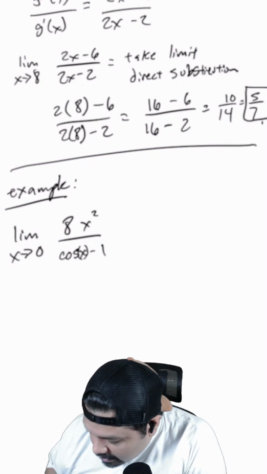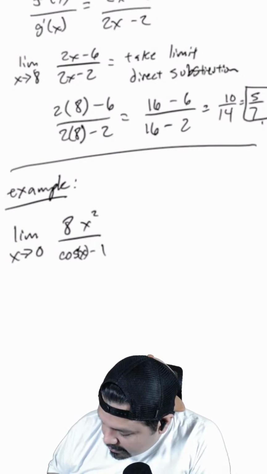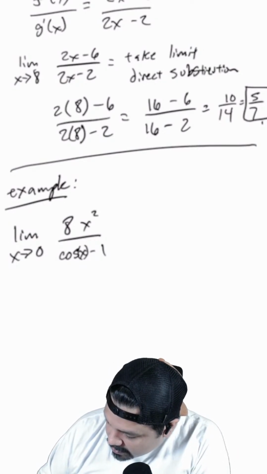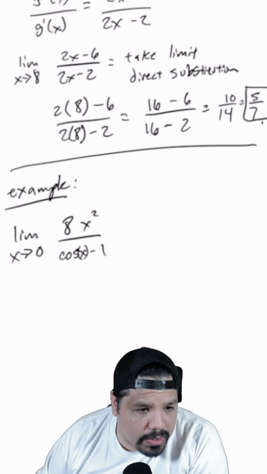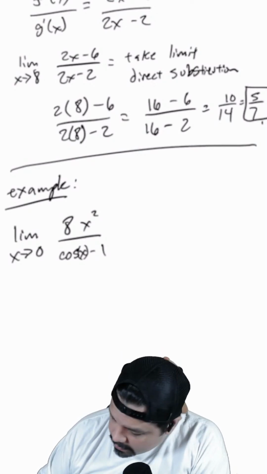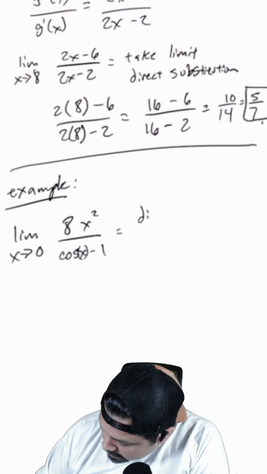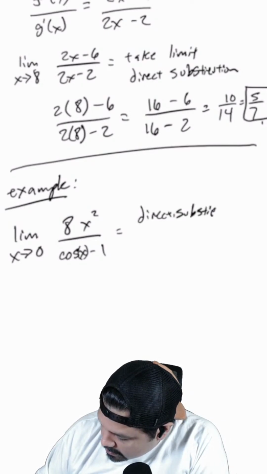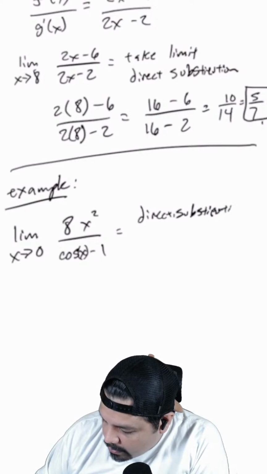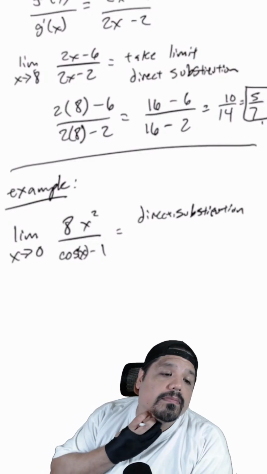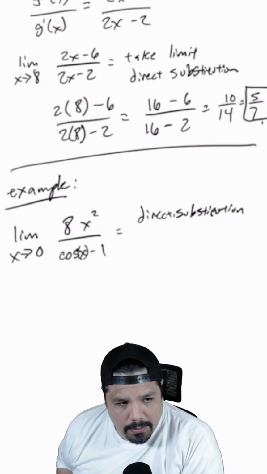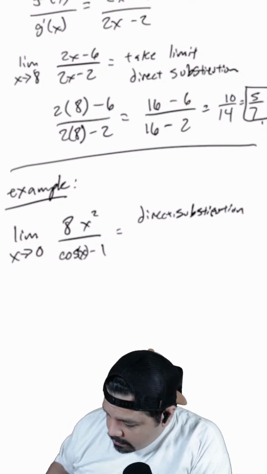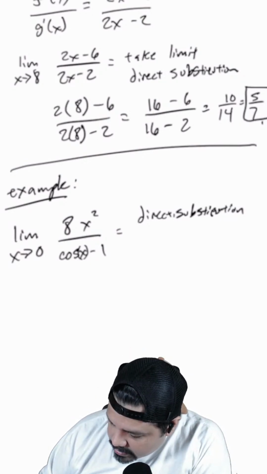What's one thing we need to do? Well, we could try direct substitution. When we use direct substitution, you know that means we just input the value as x approaches that value.